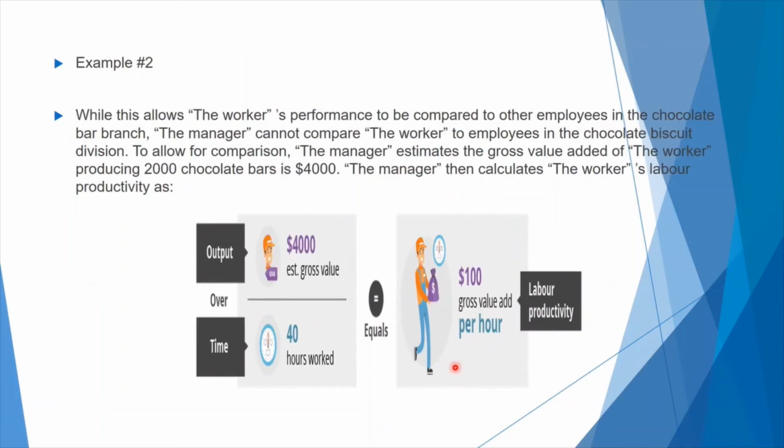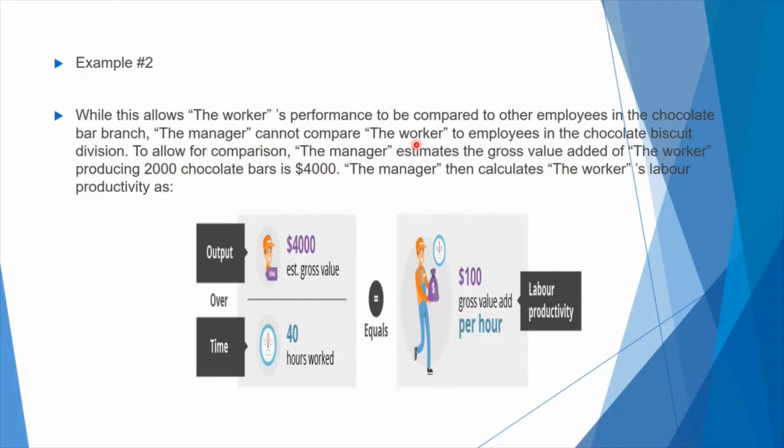While this allows the worker's performance to be compared to other employees in the chocolate bar branch, the manager cannot compare the worker to employees in the chocolate biscuit division, because chocolate biscuit division workers produce biscuits, not chocolates.